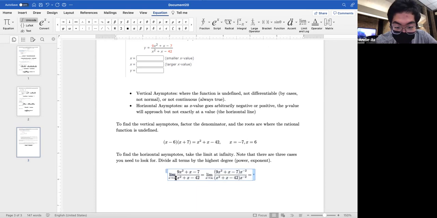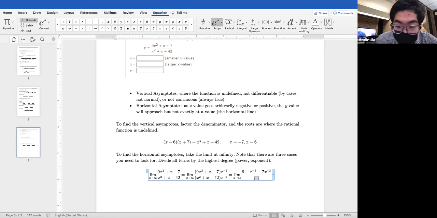Just multiply them and apply the limit law. You're going to get 9 plus x to the negative 1 minus 7x to the negative 2 power, over 1 plus x to the negative 1 minus 42x to the negative 2.